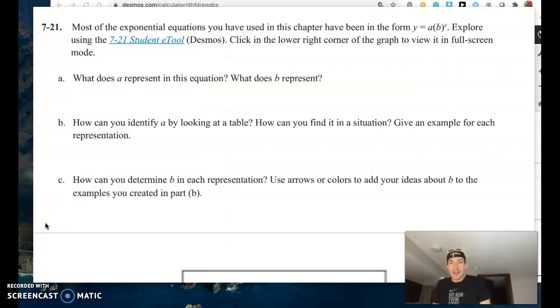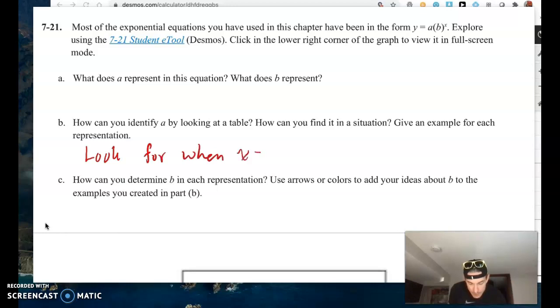How can you identify A by looking at the table? Well, we already kind of gave this away. Look for when x is 0. And conveniently, that's true in our linear functions as well. When x is 0, that's where our y-intercept occurs, right? That's a good idea, right? How can you find it in a situation? Well, we're going to look for words like starting value or started with or something like that. All right?